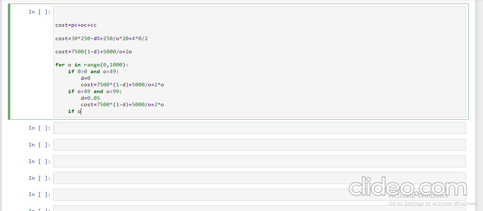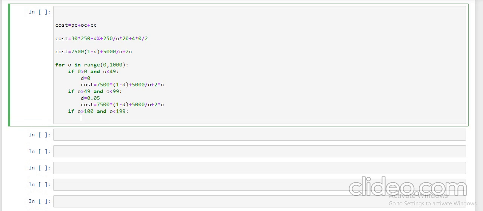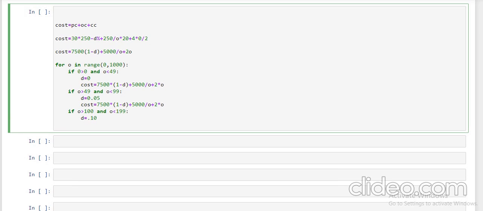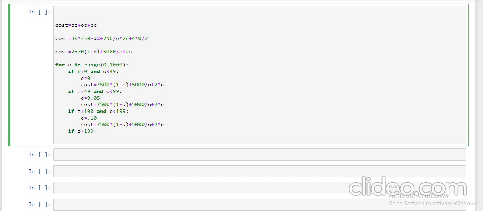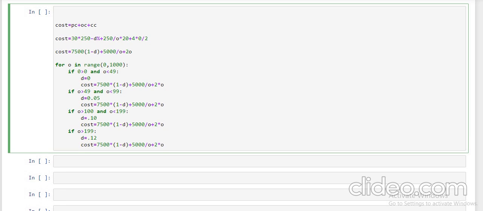Again, if O is greater than 100 and O is less than 199, then set discount 10% and cost. If O is greater than 199, then set discount as 0.12 and cost. That's it. You can see how fast this was.